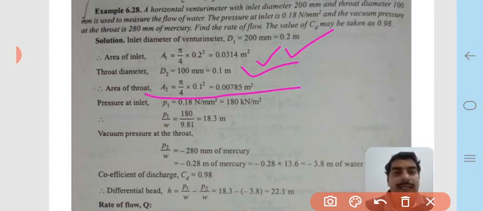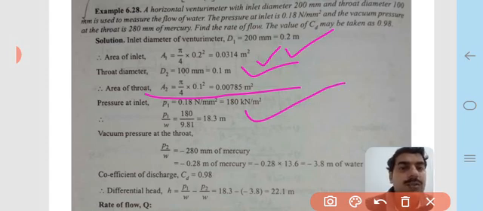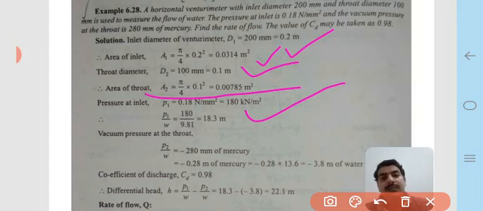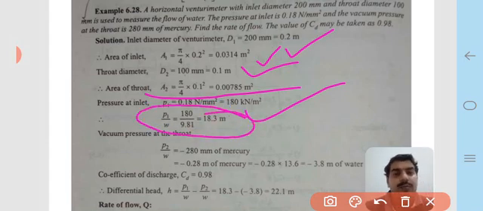And the pressure at inlet P1 is equal to 0.18 Newton per mm square, which is given, and it can be converted into kilonewton per meter square. Therefore P1 upon W is equal to 180 upon 9.8, which gives the pressure energy 18.3.